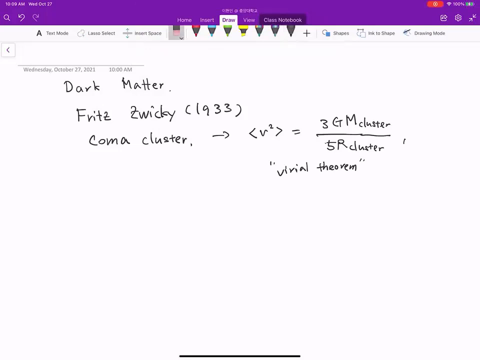From there, actually, this velocity dispersion, even though in the Coma cluster you have a lot of galaxies.